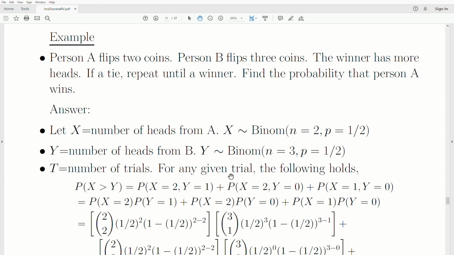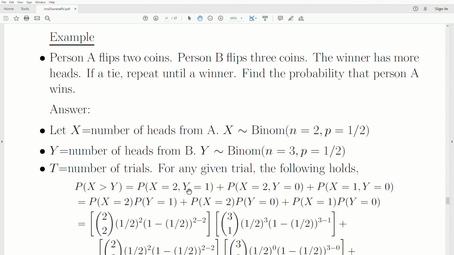Now for any given trial, each trial is independent. So on trial 1, everybody flips their coins, and if we tied, the results on the next trial are independent of what happened before. And so on any given trial, the probability that X is greater than Y, so the probability that A wins, is the probability that X is 2 and Y is 1, right?